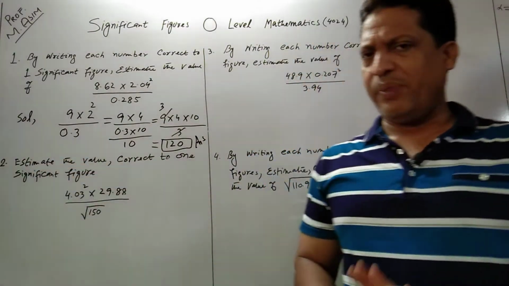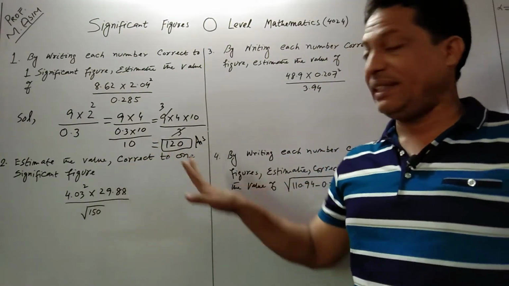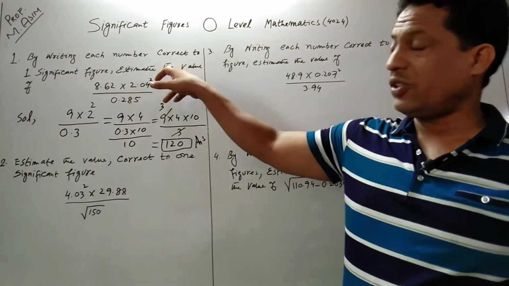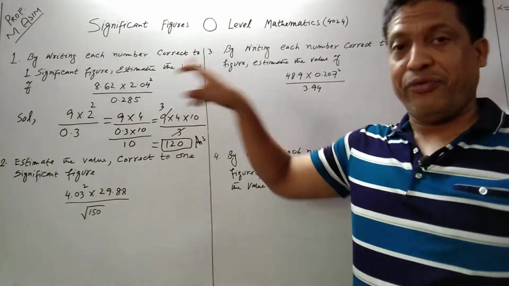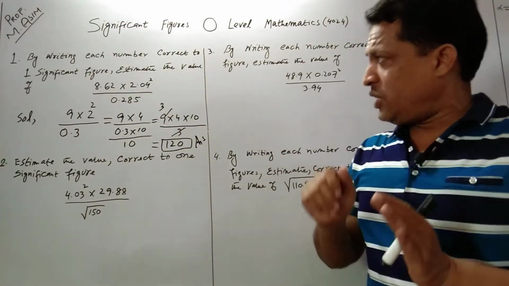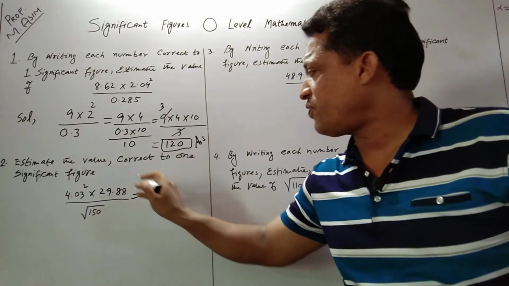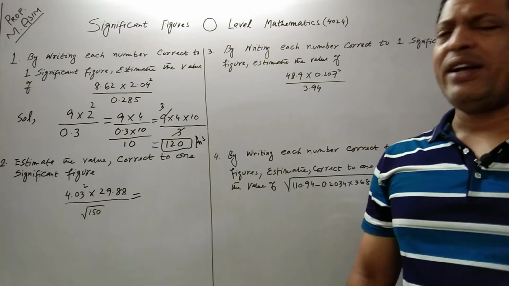First we have to estimate the value, and then give our final answer correct to one significant figure. But in this question, we must first write each and every number in one significant figure. Okay, so now first we have to estimate 4.03 squared.